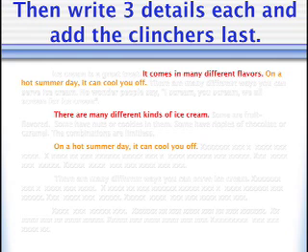Using the introductory paragraph as a guide, the next paragraph should be about how ice cream can cool you off. However, this is an example of a detailed sentence that is too narrow in scope to become the topic of a whole paragraph. It was fine as a detail in the first paragraph, but there's just not enough we can say about how ice cream cools you off.